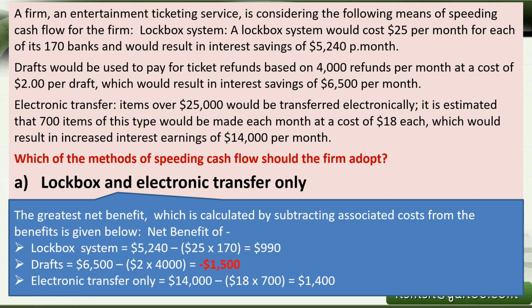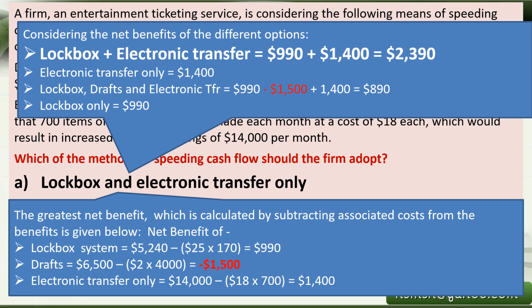If we combine these as per the question, lockbox plus electronic transfer gives 990 plus 1,400. That is one of the options, lockbox and electronic transfer only, option A, which gets $2,390. All other options give a lesser net benefit than that. So therefore option A is correct.